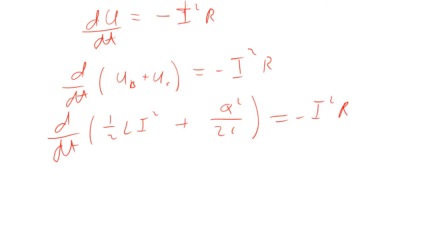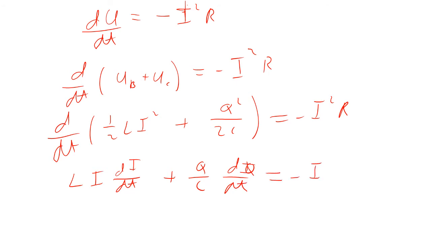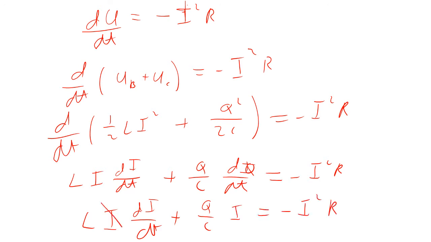So we do the derivative, and we have L I dI/dt by the chain rule, plus Q over C dQ/dt, equals minus I squared R. And so we look at that and we say, well, dQ/dt is I. So we have L I dI/dt plus Q over C times I equals minus I squared R. So we can divide through by an I everywhere.